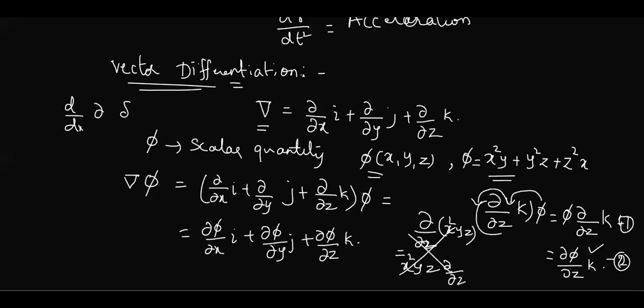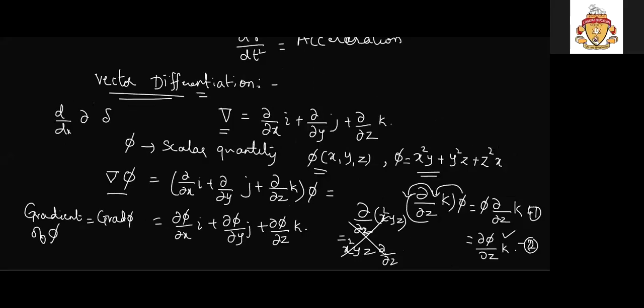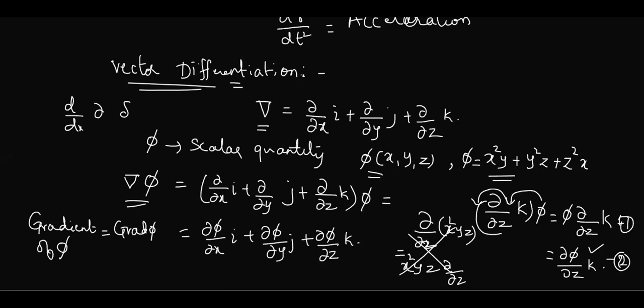Tell me, is it a vector or a scalar? Vector. Vector quantity, right? And this is named as gradient of phi. It is just denoted as grad phi, or it is even denoted as del phi. Clear? This is the first definition.